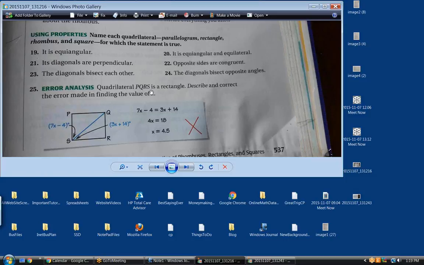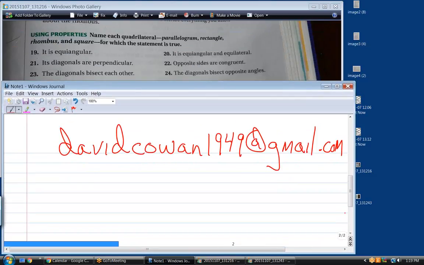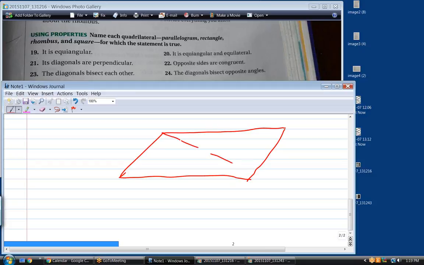Name each quadrilateral for which the statement is true. You don't need to do 19 or 20? No, I already did those. Okay. So 23, the diagonals bisect one another. Which ones does that have? I'm not sure I have this memorized. Obviously, for a parallelogram, let's see if they do. The way to figure these out is always exaggerated. Don't draw your parallelogram like a rhombus. Draw it like that.